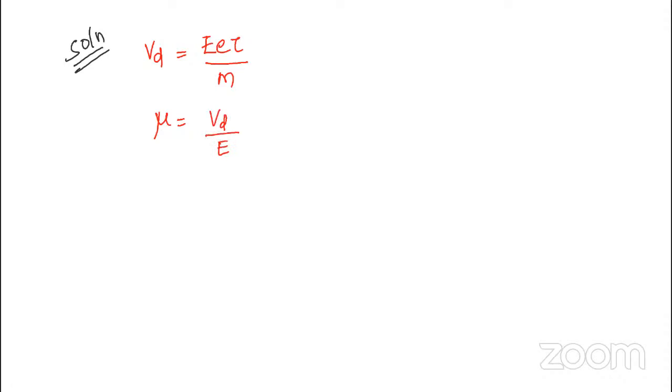Okay. Right. So from this we are writing VD by E, and what is its other format we can write? It is E tau divided by M. Okay. So we saw both formulas. Right. So from these we are choosing this one.